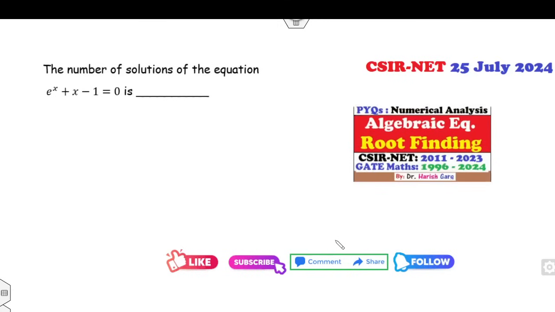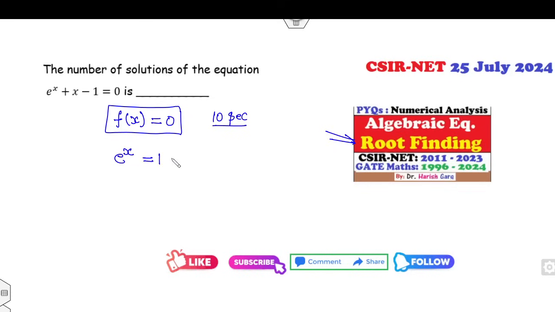The number of solutions of this equation. You can see the given equation is f(x) is 0. How can you solve this question in 10 seconds? Always remember your target is to find the solution, that means finding roots. I always use the fixed point equation method. So what is the fixed point equation? I can write e raised to power x is 1 minus x.